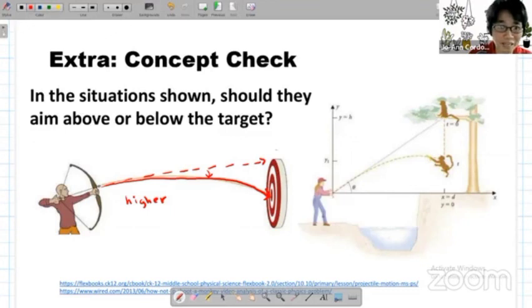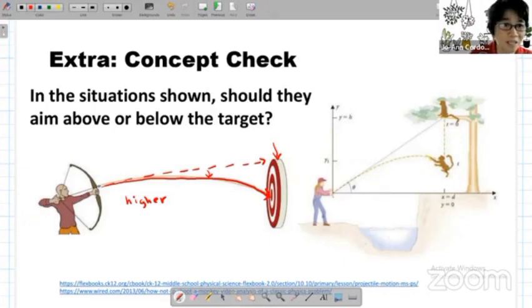In the first case the target is not moving, so it's okay to aim higher, but in this case, the monkey is going to drop from the tree. So should the person throw the banana directly at the monkey, or higher than the monkey or lower than the monkey?